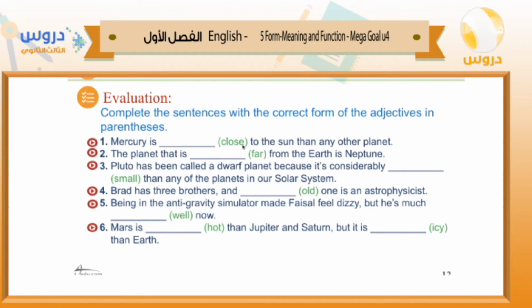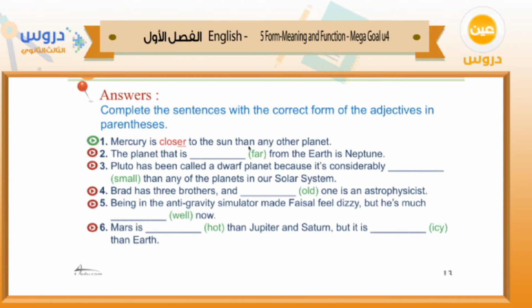Close, and here the keyword is than. It's a keyword, so it's a comparative form. We can say that Mercury is closer to the sun than any other planet.